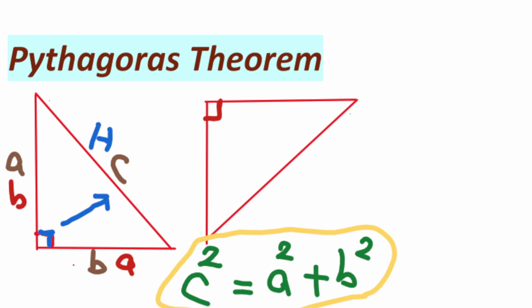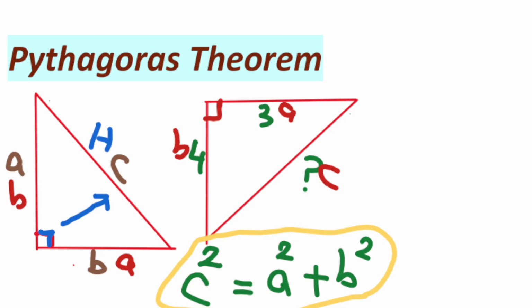That's how it works. For example, if they tell you this is 3 and this is 4 and they ask you to find x, the first thing you will do is call this A, this B, and this is C. And then you will just substitute here.